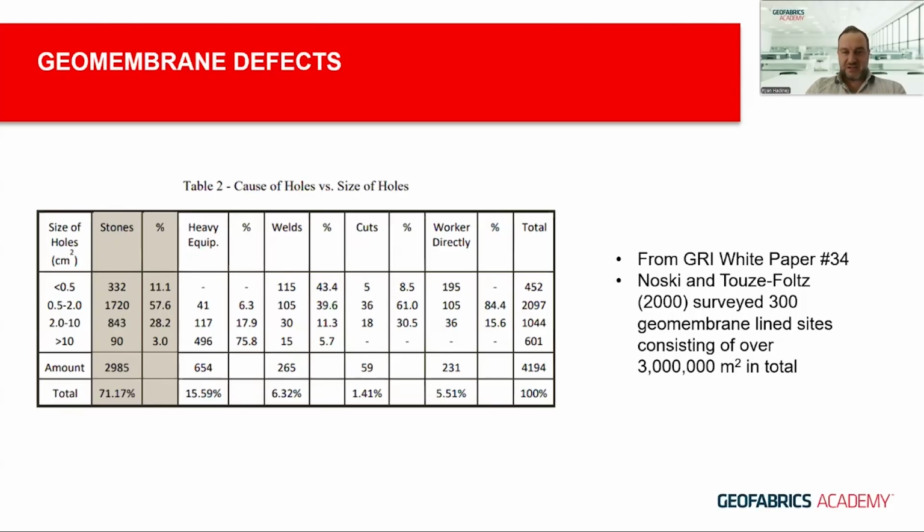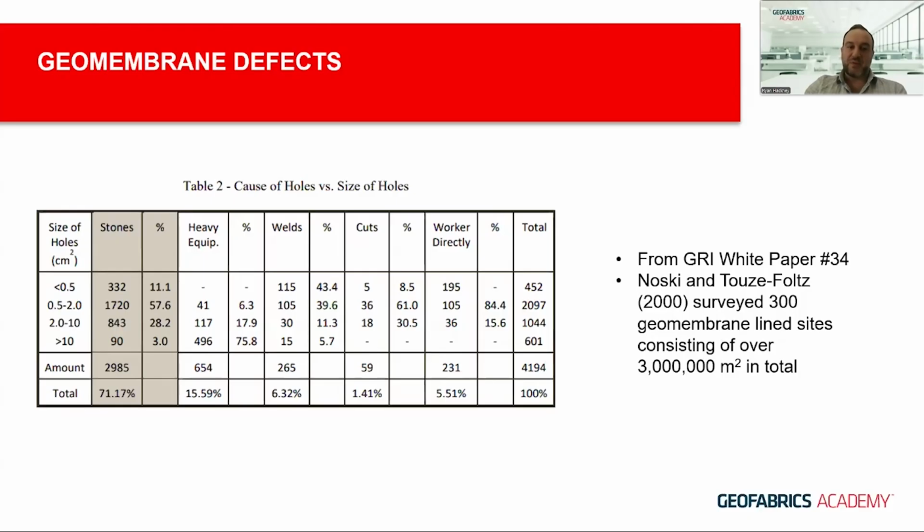I think the interesting thing to look at here as well is the size of the holes and the type of damage that's occurred on the geomembrane. You can see stones as a large majority are causing these smaller defects on the order of 0.5 to 2 square centimeters in terms of the size of the hole.